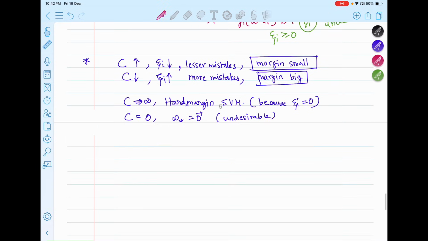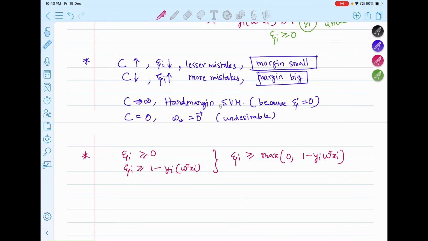Observe one important thing about these zeta i's. Observe that zeta i is bigger than or equal to 0 and zeta i is bigger than or equal to 1 minus yi times W transpose xi. So from here we can say that zeta i is bigger than or equal to max of 0 comma 1 minus yi times W transpose xi.